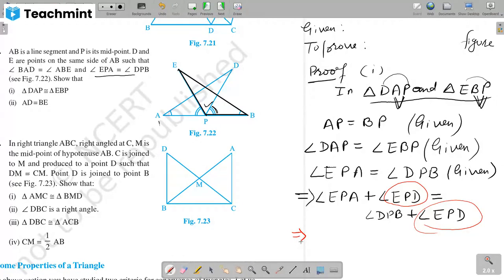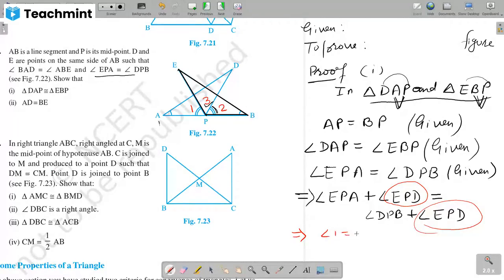Ma'am, we can take angle 1, 2, 3, 4, 5 because it became complicated. Yes, as I said earlier, it's up to you. When I was writing 1, 2, 3, somebody asked me whether we can write the names as given in the book, so I have written this way. You can write 1, 2, 3, and 4. In that case, we write angle 1 equals angle 2 and let this be angle 3.